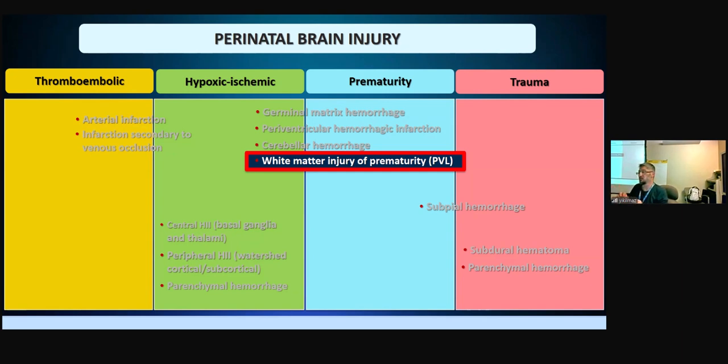So it is recommended to use white matter injury of prematurity, but everyone is using PVL. I also use it. It's easier to say, and everyone understands. So I will use PVL, but the accurate terminology is white matter injury of prematurity.